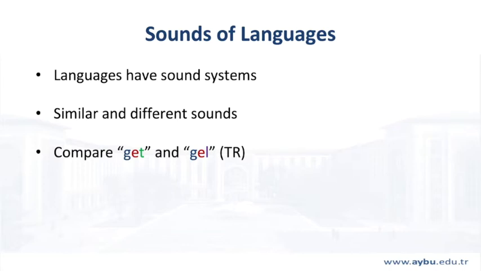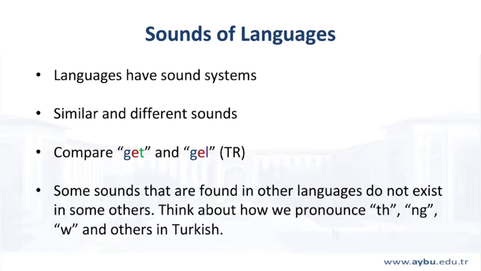However, you'll also find some sounds which exist in one language but not in the other. Think about th, w, and ng, for example. In standard Turkish, we don't use these sounds, but they are quite common in English.